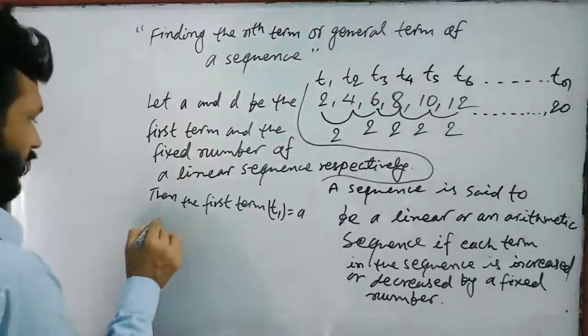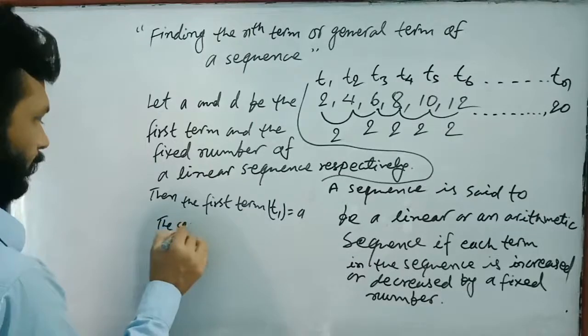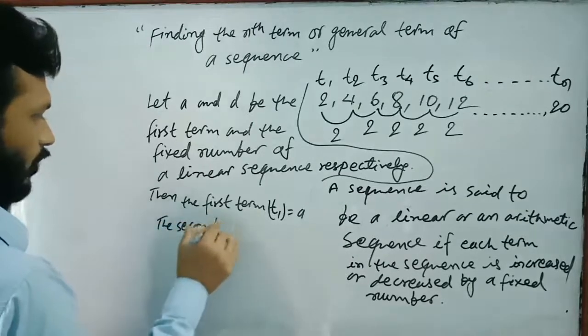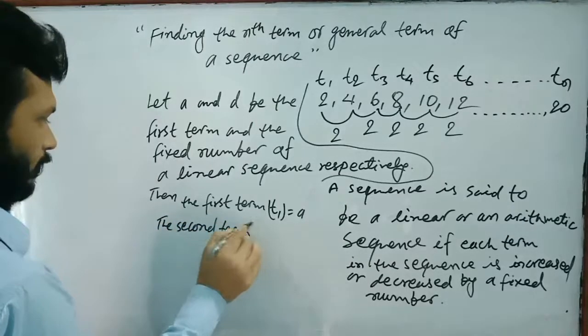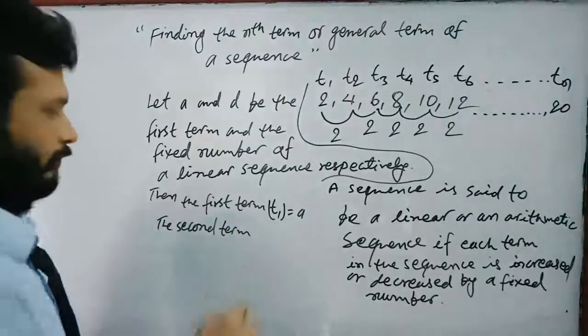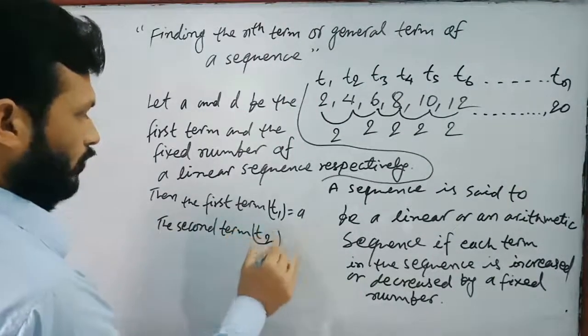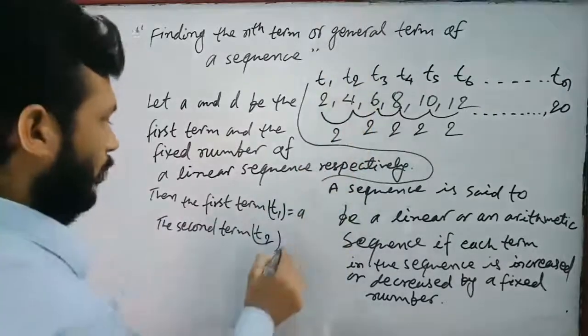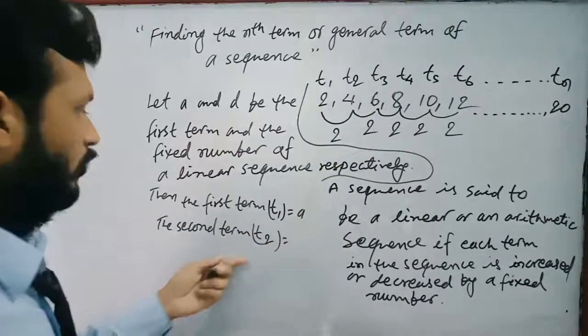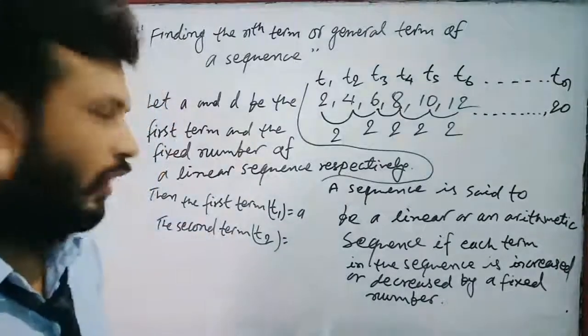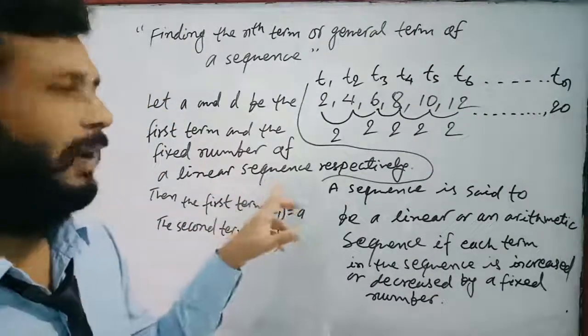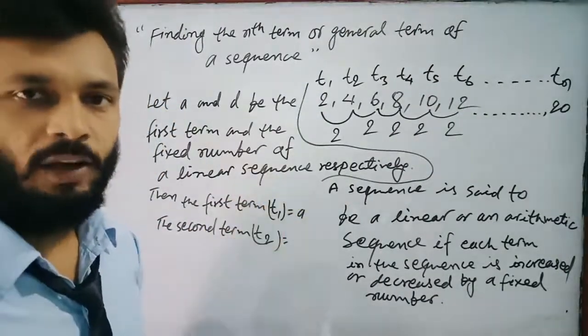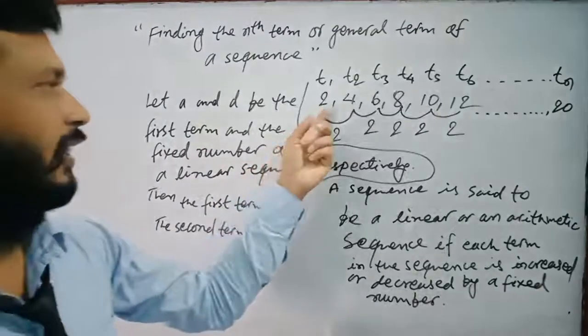And the second term is denoted by T2. So we can write T2. Now, what is the second term of the given sequence? How can we find it?